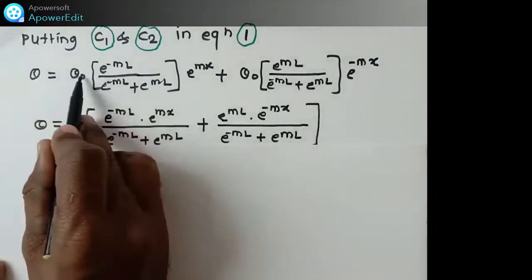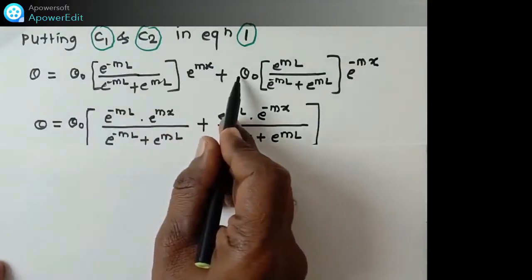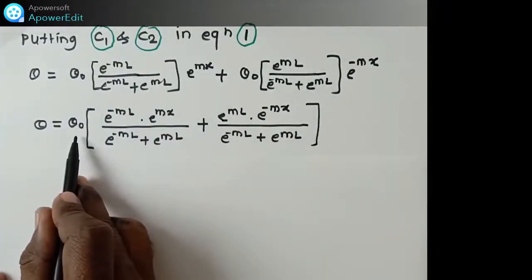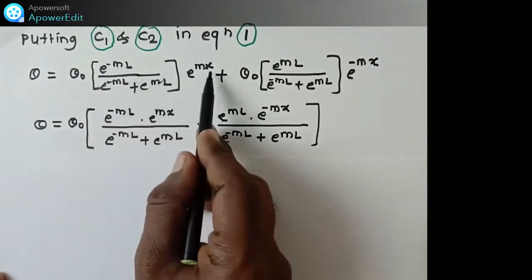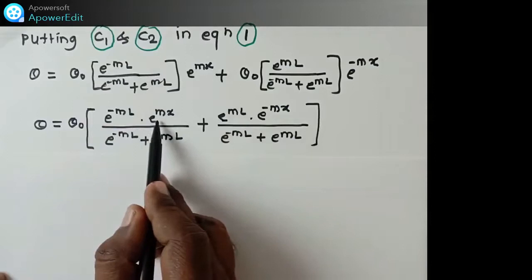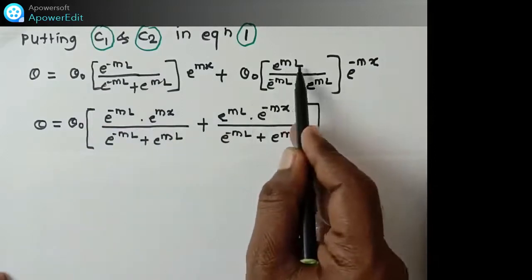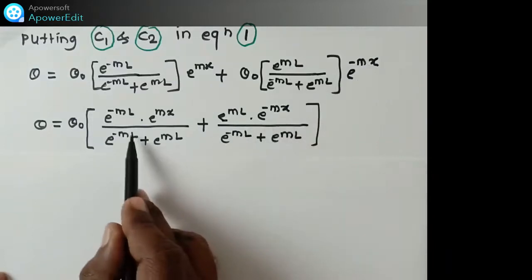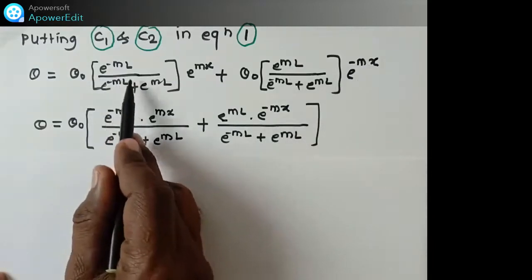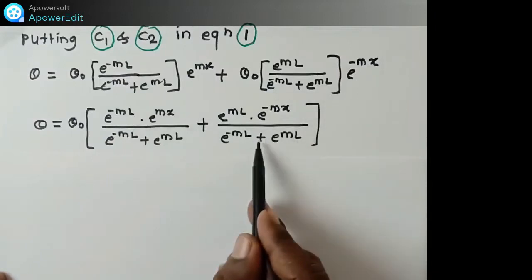Next, this theta 0 is common, we have taken it out. So inside the bracket, the product of e raised to minus ml and e raised to mx is here, and the product of e raised to ml into e raised to minus mx here. At the base, this denominator here and this denominator here.